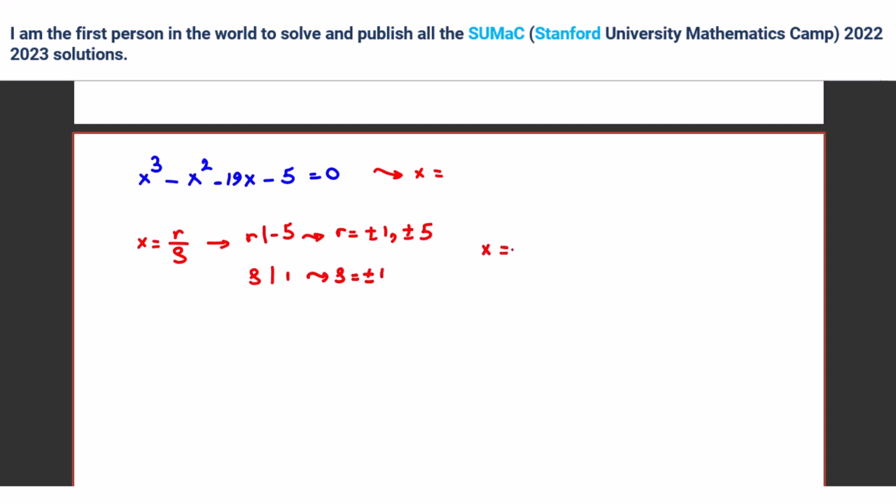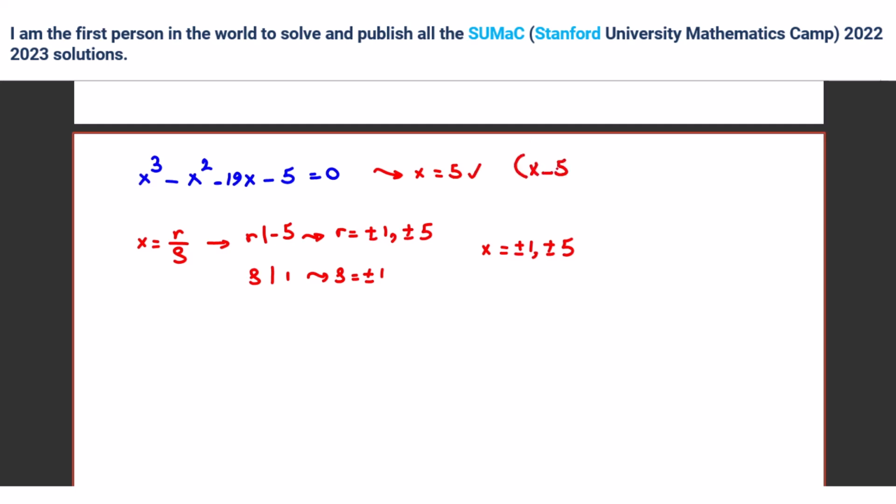So x can be only what? We should check only plus or minus 1 and plus or minus 5. If we don't have any roots in these 4, we don't have any rational roots. Good job. And x equals 5 is the answer, and you can factor.